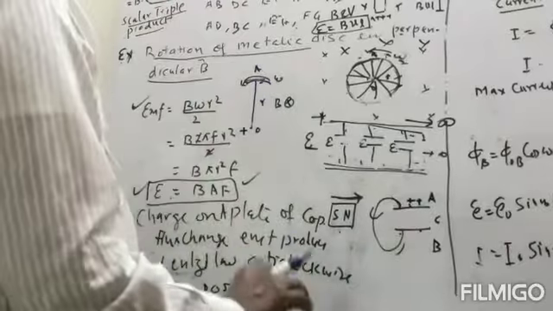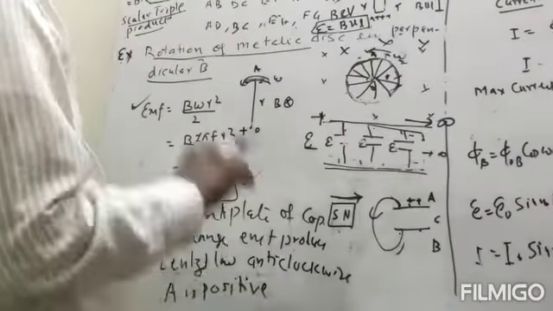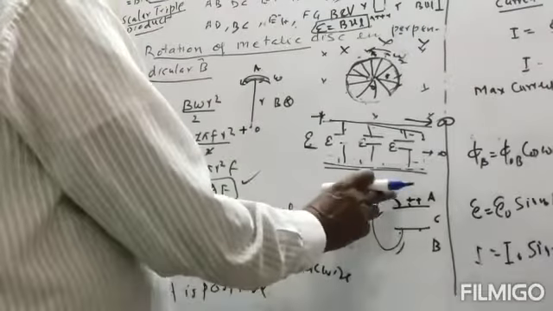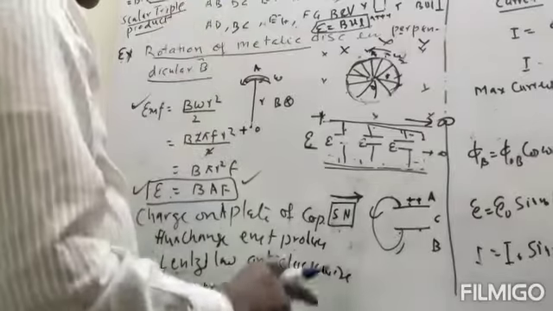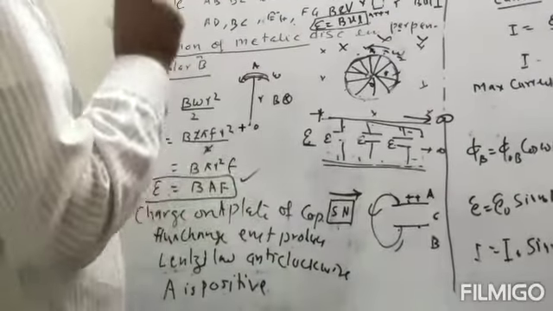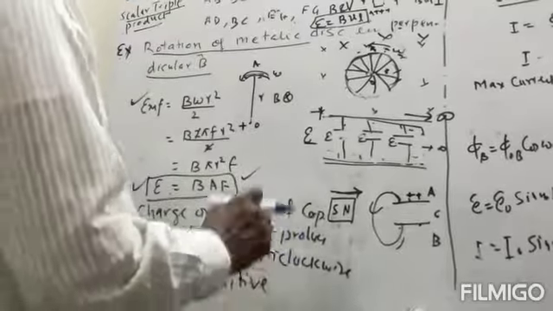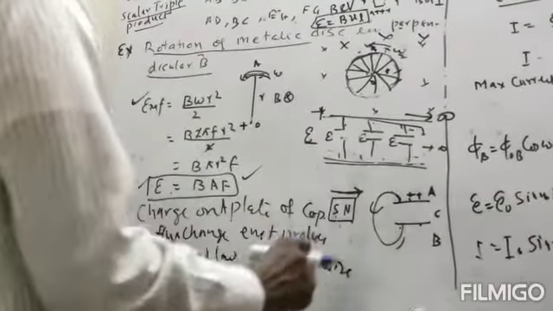Now the direction of the induced current will be given by Lenz's law. Lenz's law says that the direction of the induced current will be in such a way that it will oppose the cause which has produced it. So the N pole is going towards the loop.